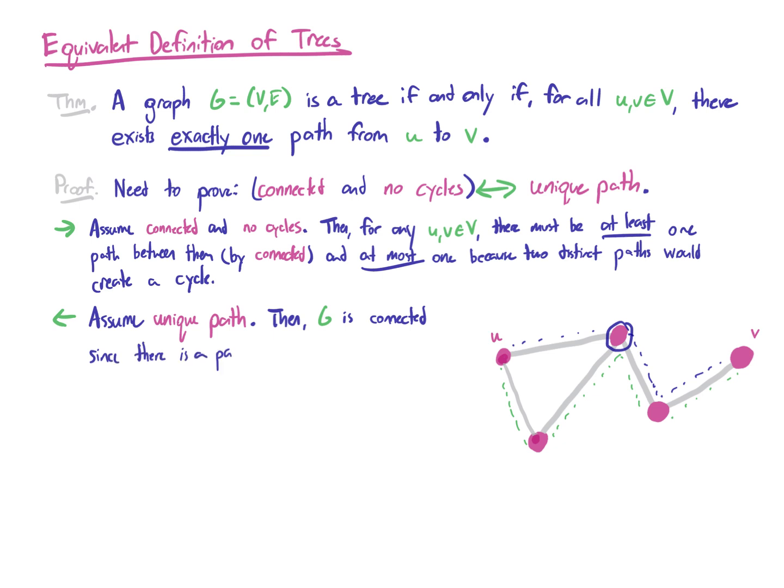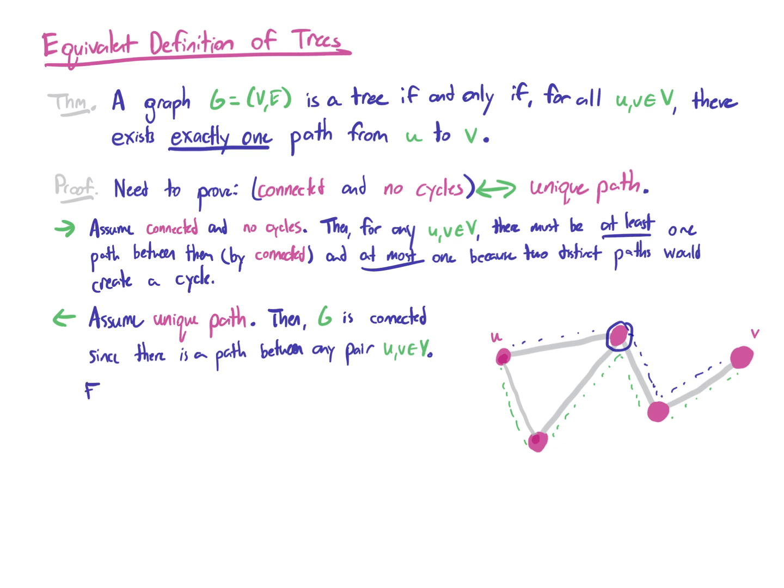There is a path between any pair U and V in the node set. The unique path property guarantees that there is exactly one path between U and V. One is all I need in order to infer that G is connected.